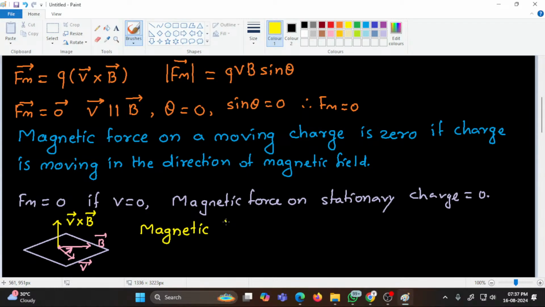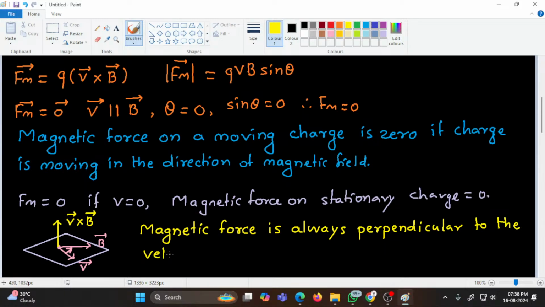What is the moral of the story? कि magnetic force is always perpendicular to the velocity vector and magnetic field vector.